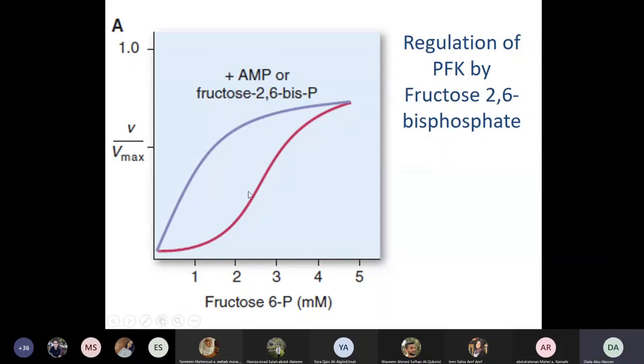Let's see, this is the normal curve, without adding anything. Whenever we add fructose 2,6 bisphosphate or AMP, which are positive regulators, notice that we reach the Vmax at a lower concentration of fructose 6 phosphate. Meaning they act as positive regulators.